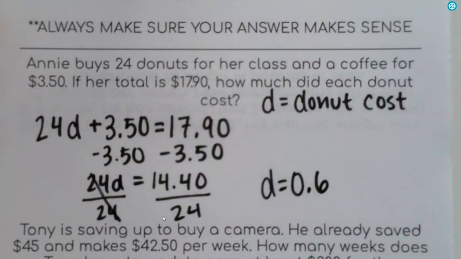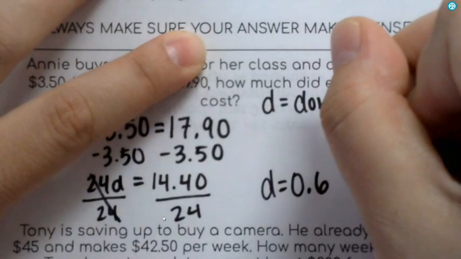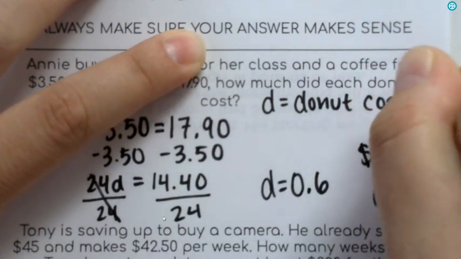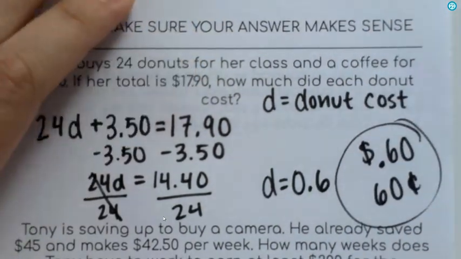What does 0.6 mean in the context of this problem? 60 cents. So you can either write it as $0.60 or you can write it as 60 cents. So either of those would be acceptable answers.